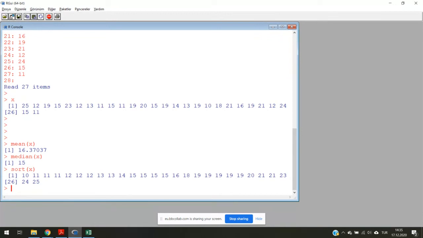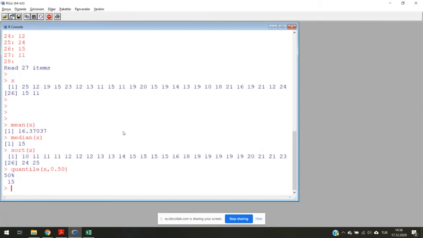And then we are going to produce quantiles. Okay, quantiles. So let's just say we are interested in the 50% quantile. The 50% quantile is also the median. As you can see, the 50% quantile is here. And we can also produce more than one quantile by writing down these percentages in the form of decimal ratios, of course.